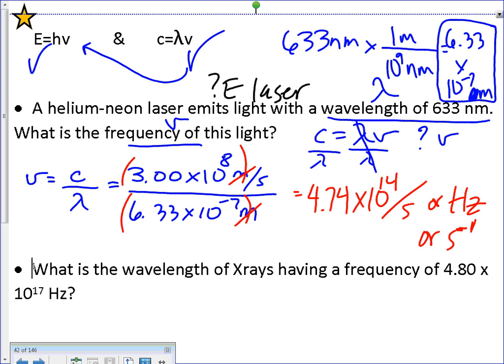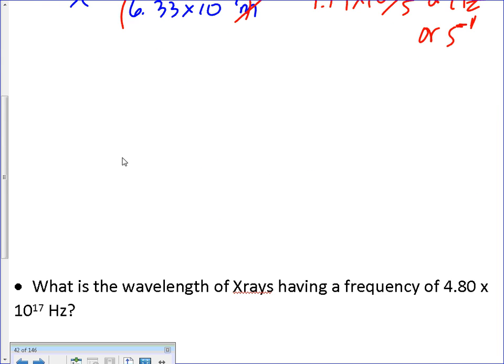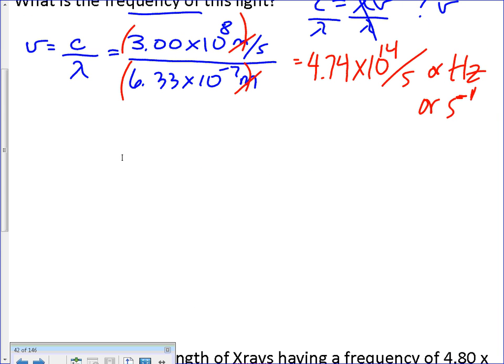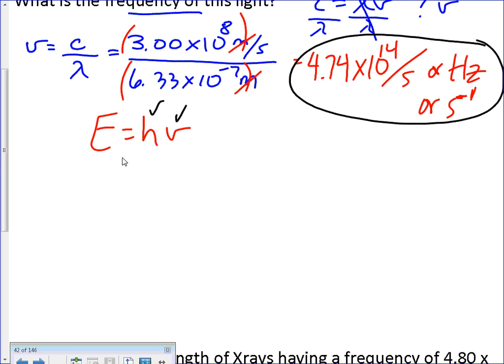E equals h nu. What is h again? Planck's constant. Of this equation, what two things do we know? We know h and we just calculated nu, right? We just solved for it right here. So this is nu. All right, so energy is easy.